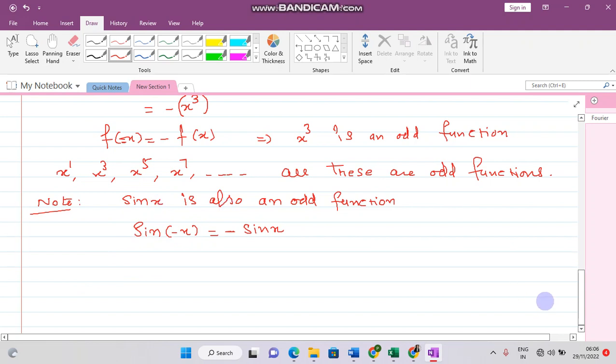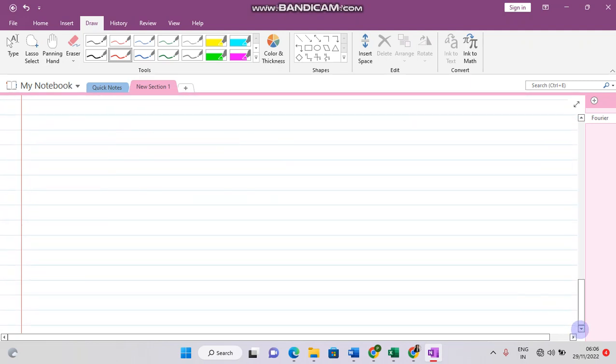Now we graph the odd function. In order to understand it, suppose that we take the graph of the line y equal to x.